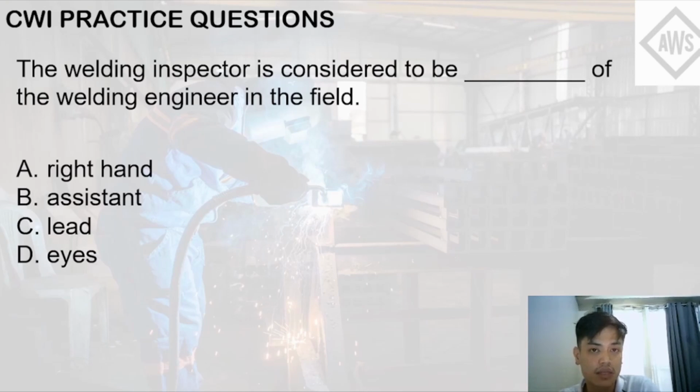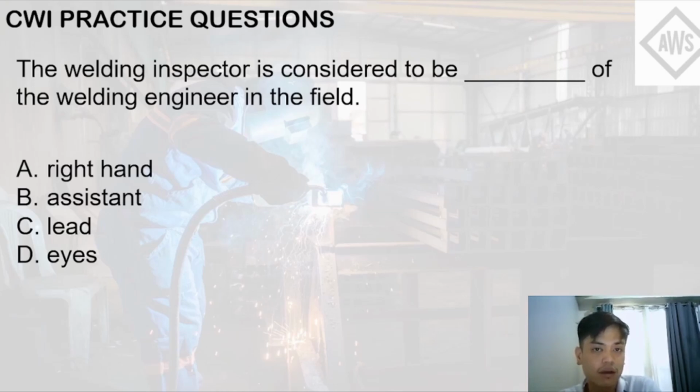So basically, he does that and implements that in a construction project or in a maintenance activity in the plant, for example. So the welding inspector is in charge of the quality control, meaning he validates if those welds are complying with the welding or quality standards that the welding engineer produces or implements.